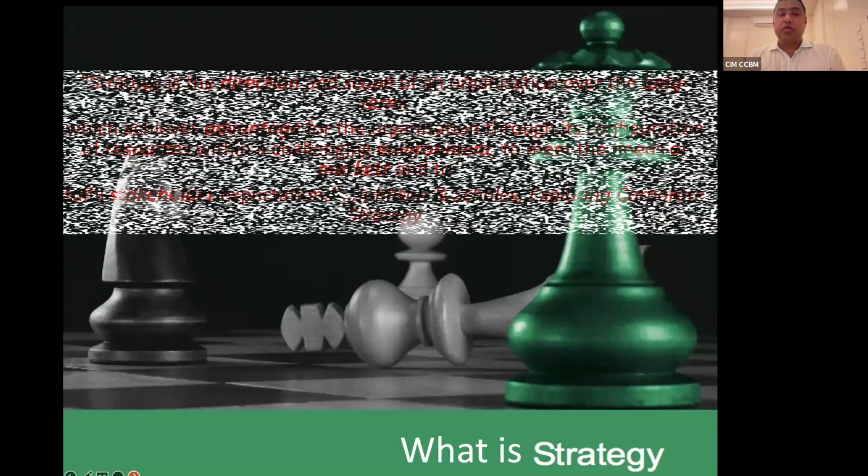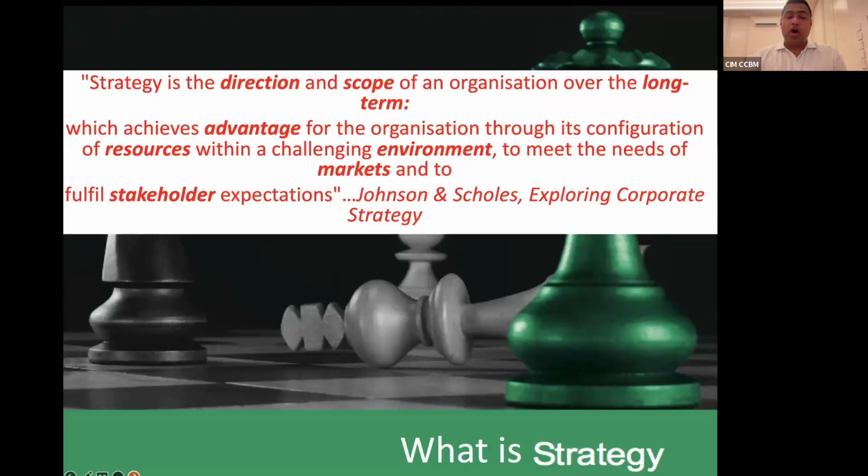But let's start by looking at the definition of strategy. What is strategy? Now, according to one of the highest selling authors on the planet on strategy, that is Johnson and Scholes, in their book, Exploring Strategy, it's called Exploring Strategy now, not Exploring Corporate Strategy.